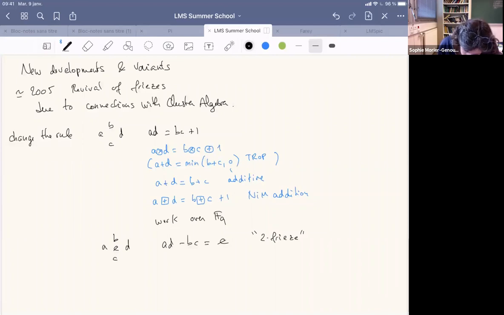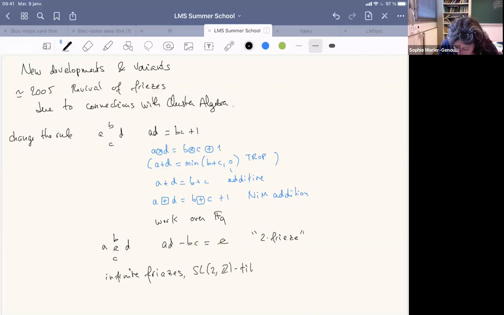What else can you do? You can remove the boundary condition. We say that we want the frieze to start and end with rows of ones, but why do we want this? We can remove either one of the rows, the bottom row, for instance. You will get infinite frieze. Or you can remove the two boundary conditions, and what you would get is an SL2 tiling.